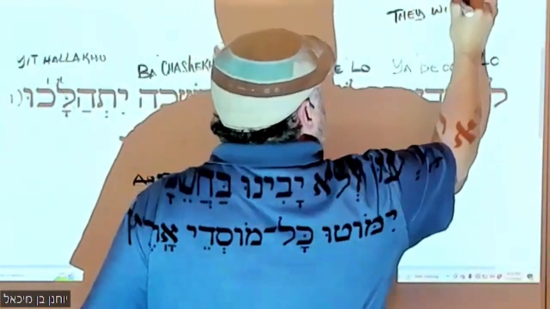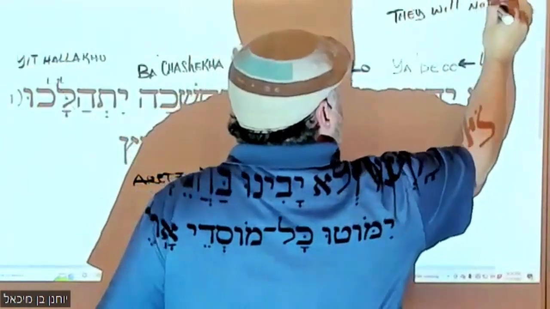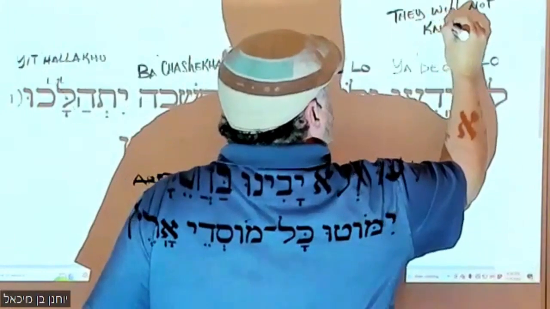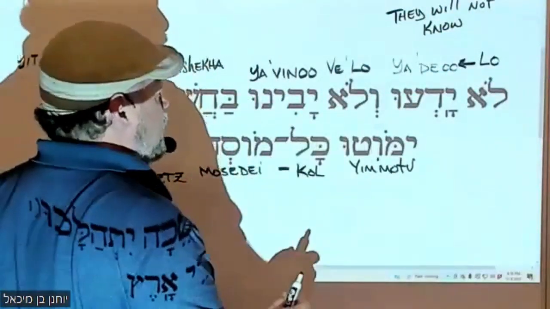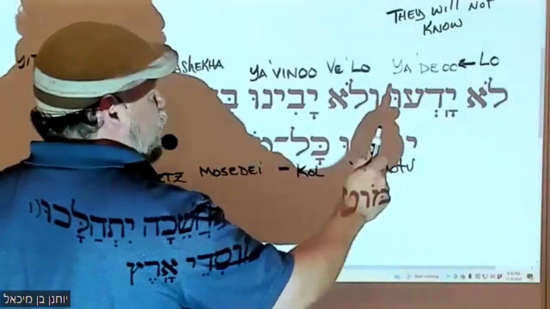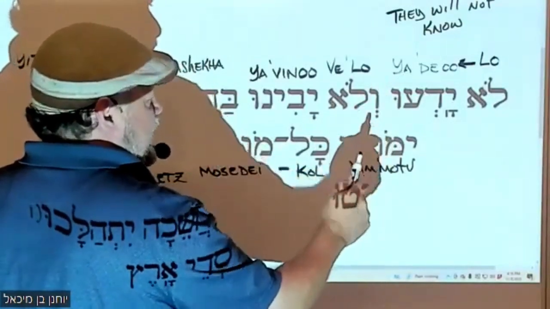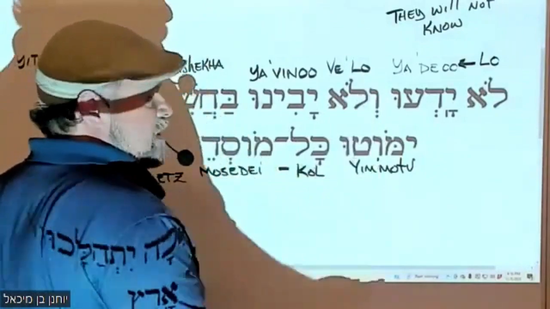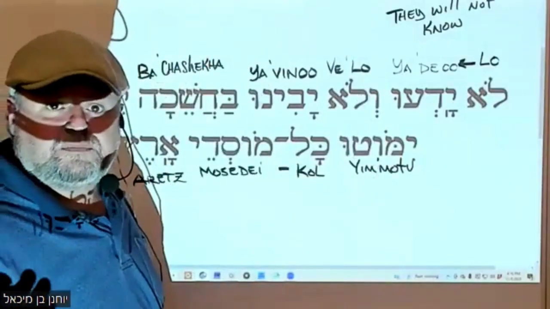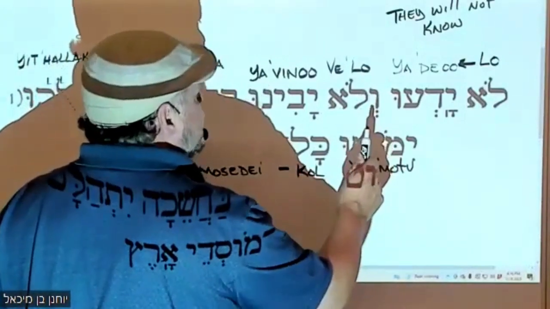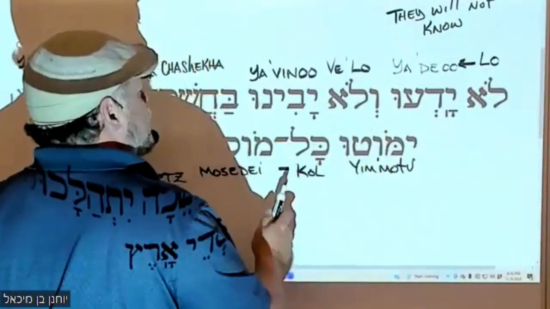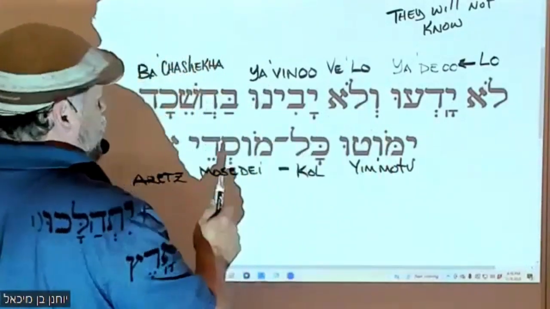They will not know. All right, so what about velo? The V sound here is being used as a prefix, right? And then we also have lo again. So and not.